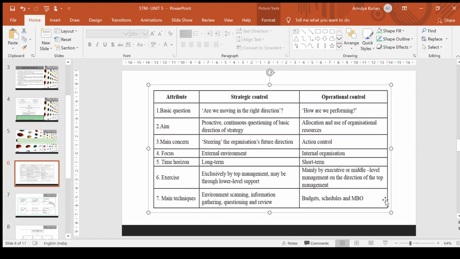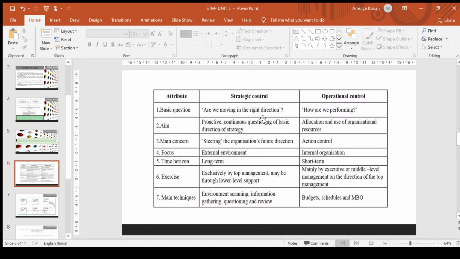Basically, strategic control is mainly about whether our decisions are the right decisions. Operational control is about how it is performing, how it is done at the lower level, when it is implemented. Strategic control is a proactive or continuous questioning of the basic direction of strategy.